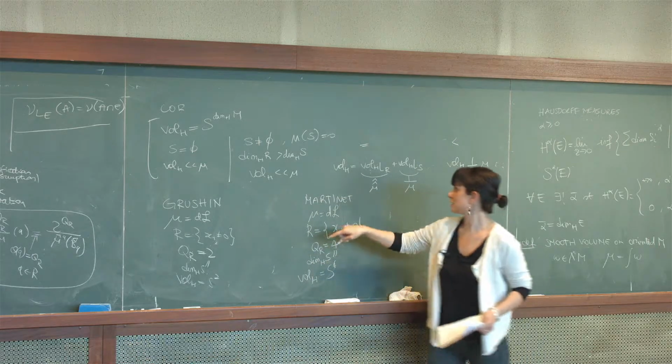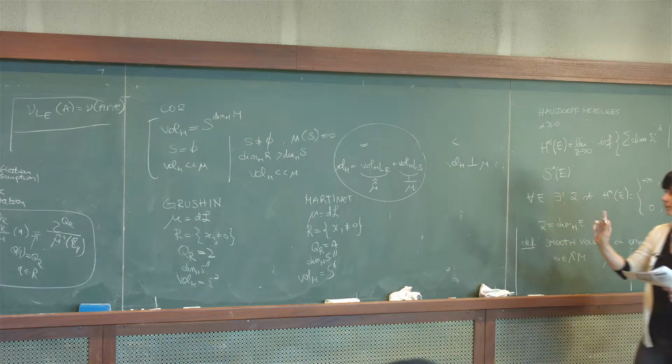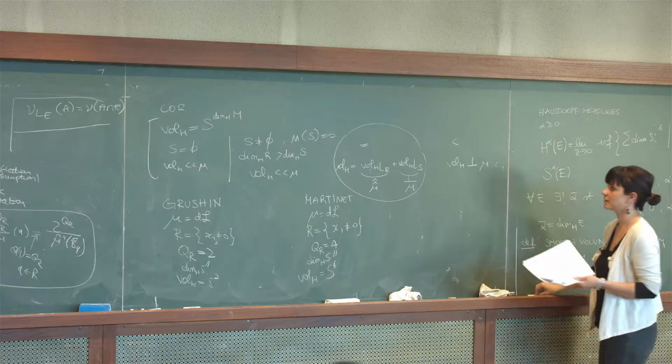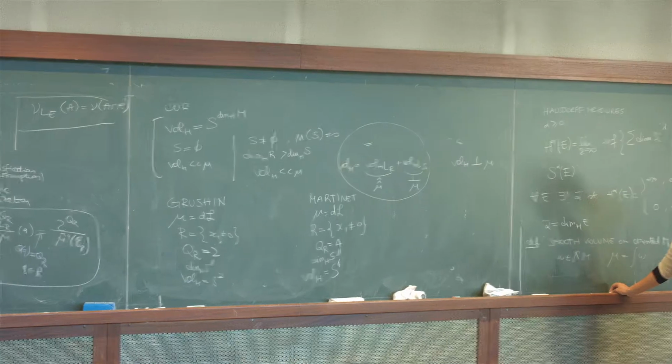Both cases are in this situation here. So we have 2 non-trivial parts. And in this case, if S is a manifold, then the singular part is smooth with respect to a smooth measure on this sub-manifold.